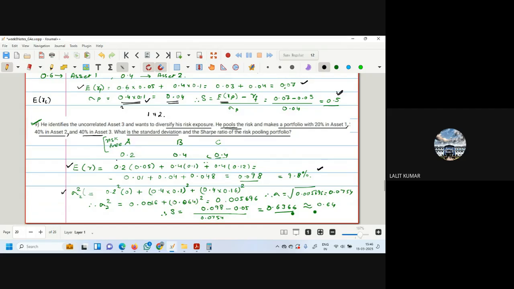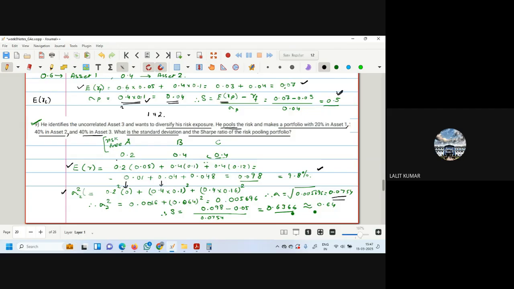Second, we find the variance of the entire portfolio. For asset 1, it is 0. For asset 2 it will be 0.4 into 0.1 square plus 0.4 into 0.16 square, because they have been given to us. So for the entire portfolio, sigma we get 0.0754.